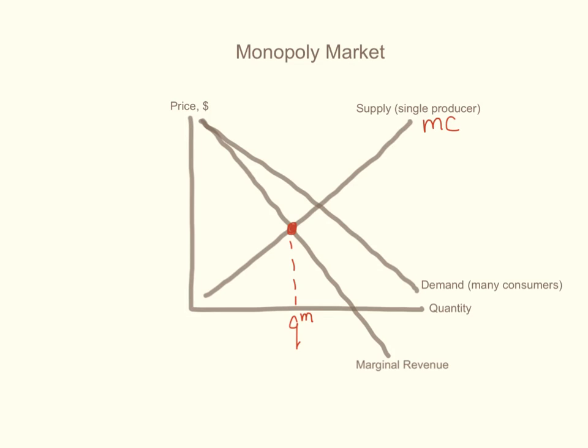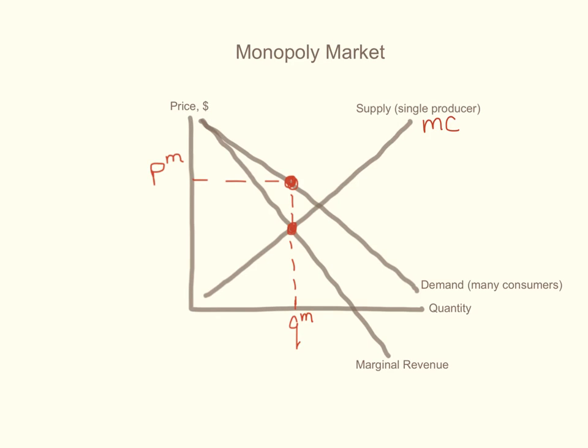And so at a quantity of QM, she'll be able to charge the price determined by the demand curve, which is right here. And we'll call it PM for monopoly price.